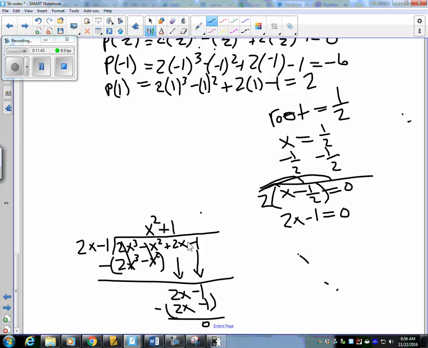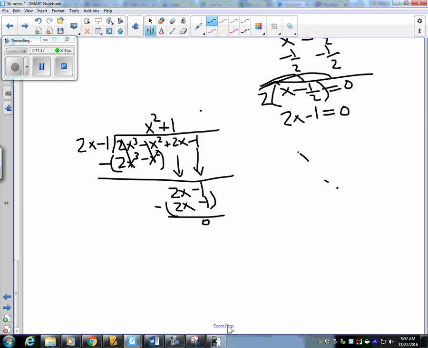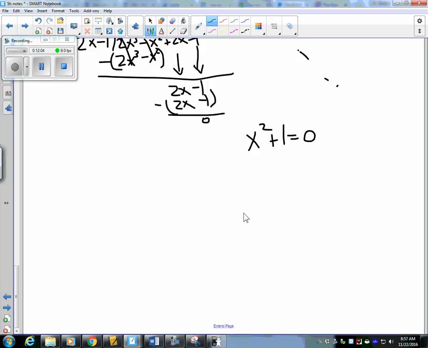We have to find all the roots. So we have x squared plus 1. That is when we divided out the one root that we had. The factor is 2x minus 1. We now have to solve x squared plus 1. So to do this, you can either use the quadratic formula, but since there's no b here, I think the easiest way is just to subtract 1. x squared equals negative 1.